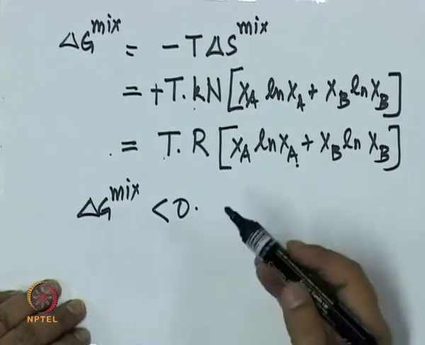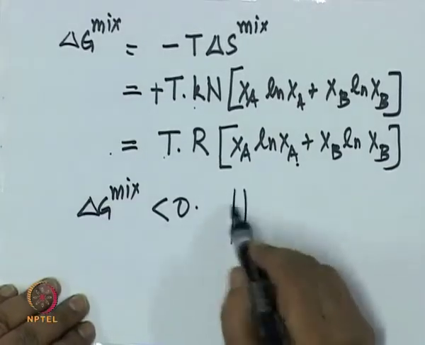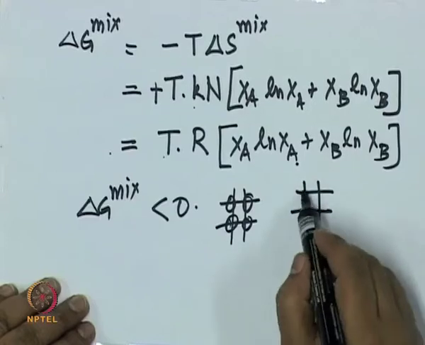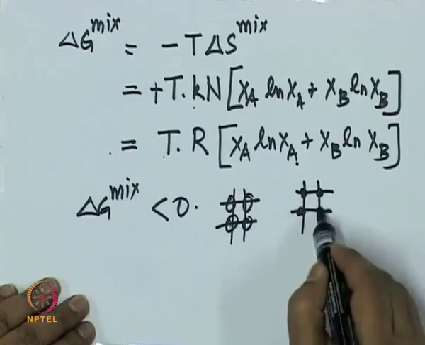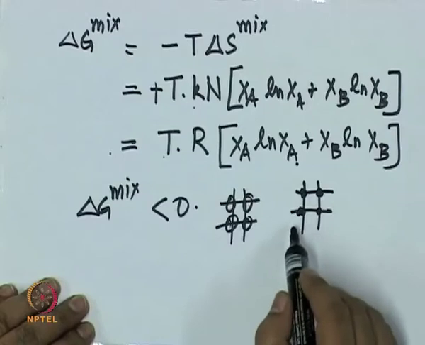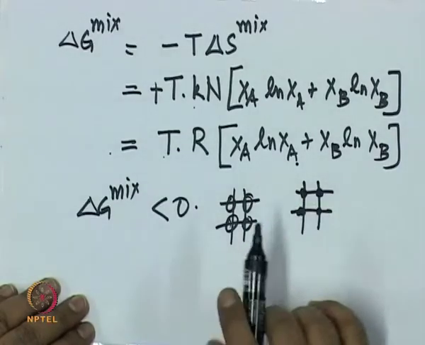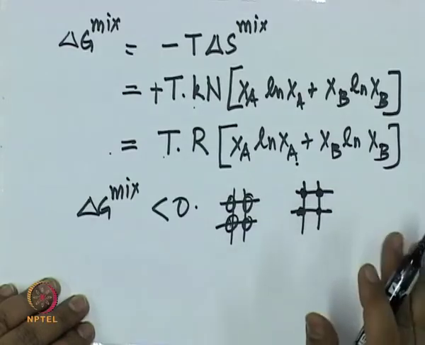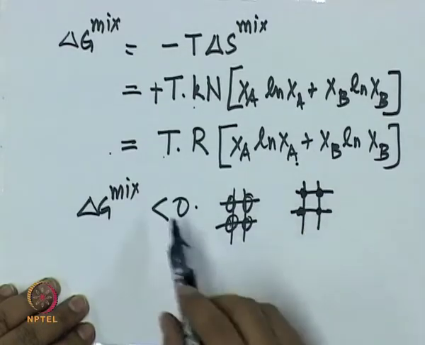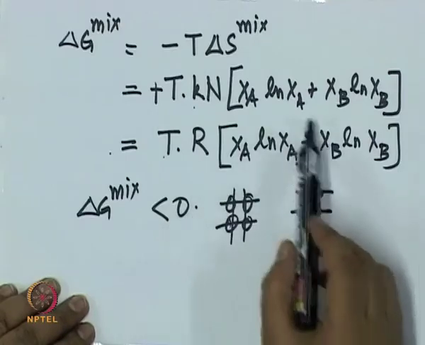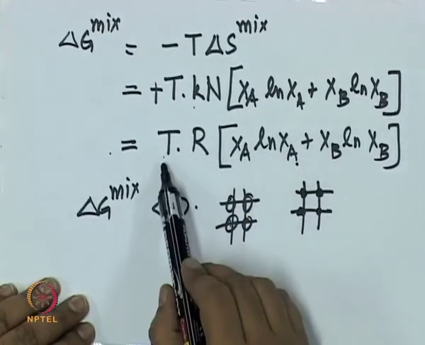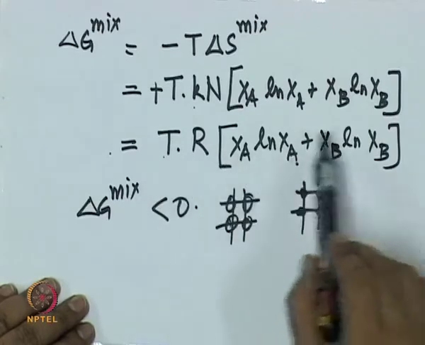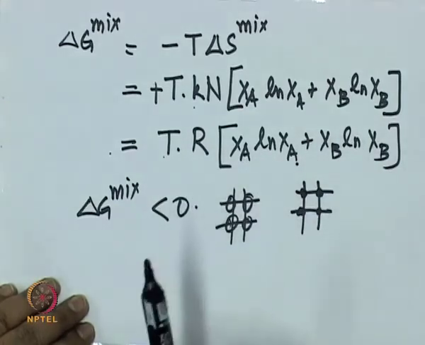So, if you take a system in which you have all these A atoms and these B atoms, and you try to put them together in the absence of enthalpy of mixing, or internal energy of mixing, then it is always favorable for the system at any temperature above 0 to have mixing, because mixing reduces the overall free energy.